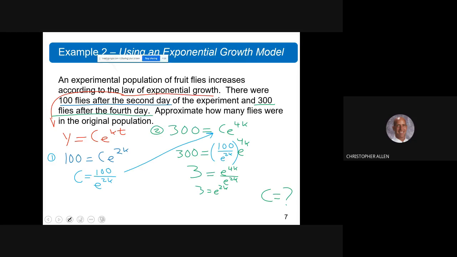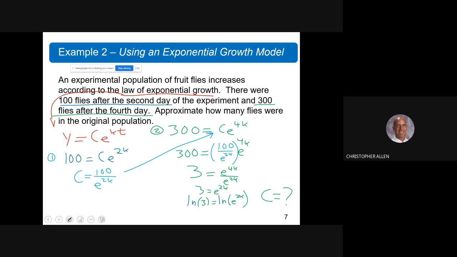And again, I want to get rid of this e. So now what I'm going to do is natural log both sides. I'm going to natural log the left-hand side, and I'm going to natural log the right-hand side. Natural log is the inverse operation of exponential.